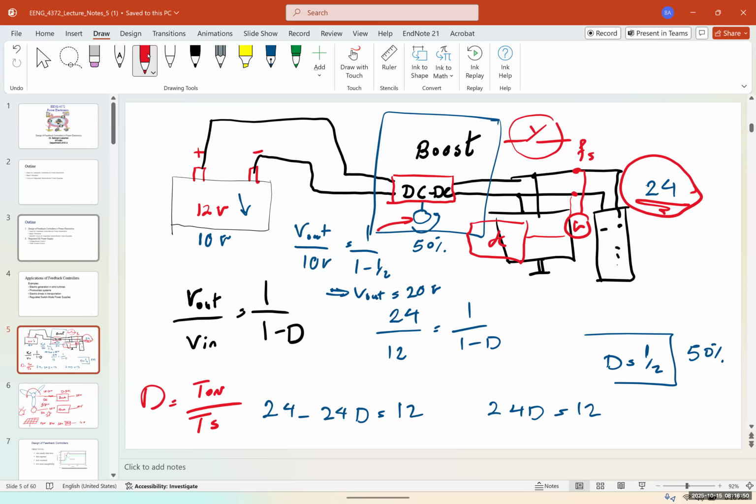I'm going to call it K, and feed it back to the switching. Right? So what happens here is whenever the voltage drops, let's say, to 20 volts, the control system would increase the duty ratio. Let's say from 50% goes to 55%, something like that. So we need to have a real-time measurement from the output and have a feedback system to feed that back into our switch and control the switch.